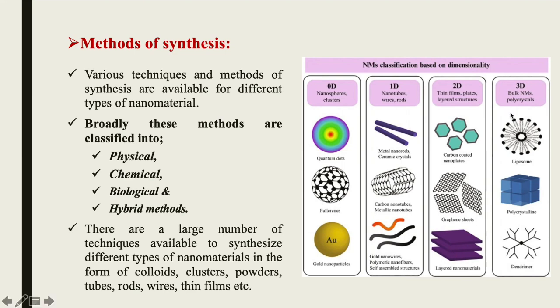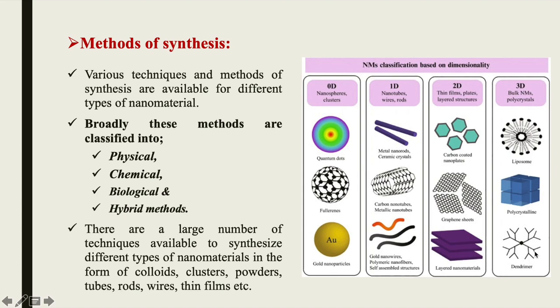What about three-dimensional? In three-dimensional, generally bulk nanoparticles or polycrystalline will come. Materials like liposomes come under three-dimensional nanomaterials. Liposomes are present in our human cells as well as animal cells. Another example is polycrystalline material, that is also a three-dimensional nanomaterial, and dendrimer.